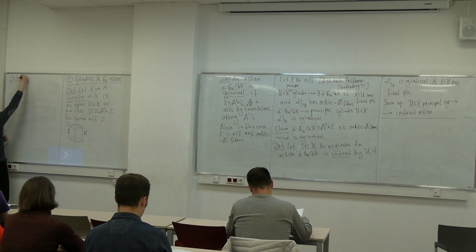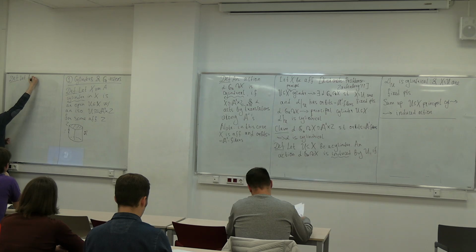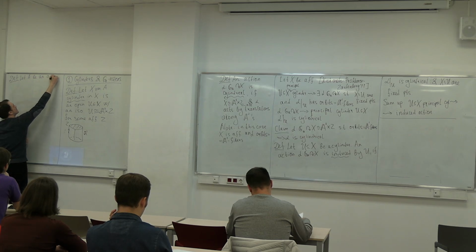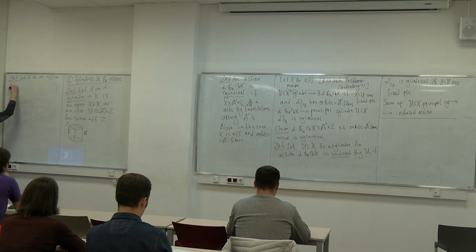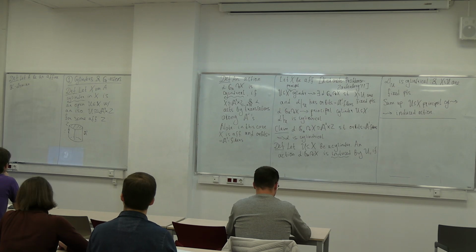So it's purely algebraic. Let A be an affine K-domain, so read as the algebra of regular functions on an affine variety.